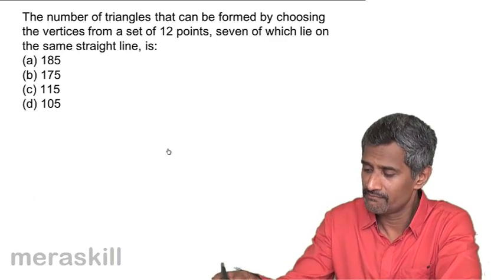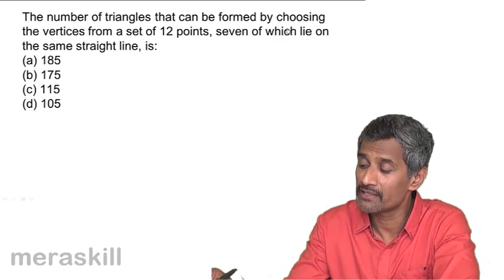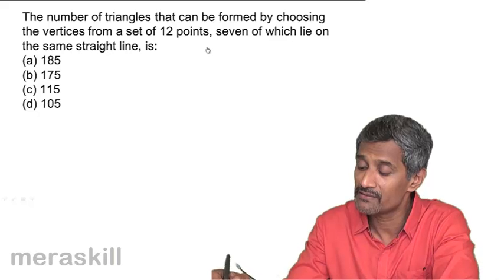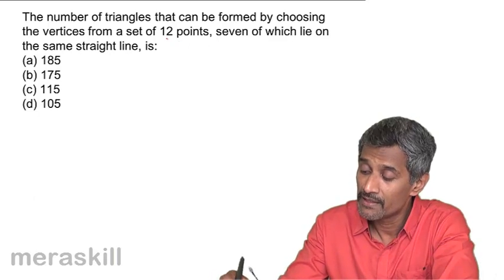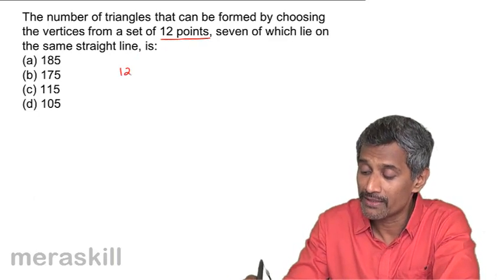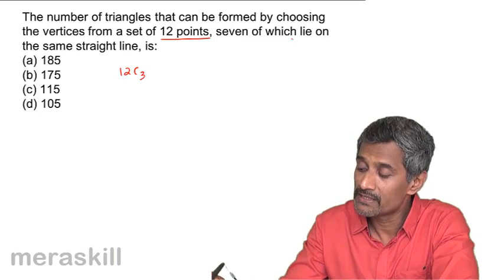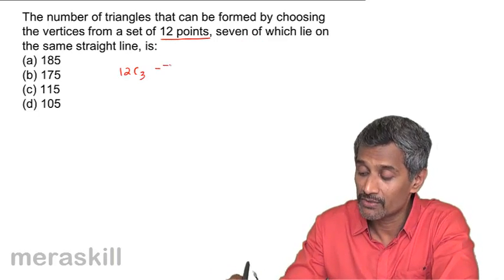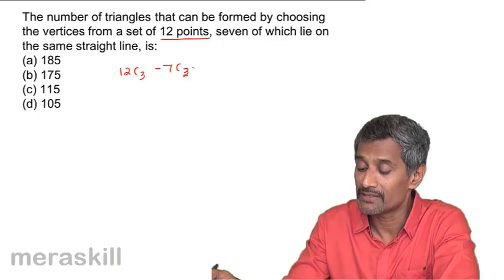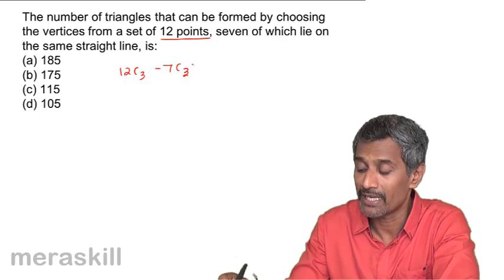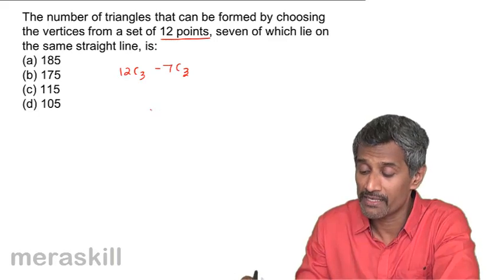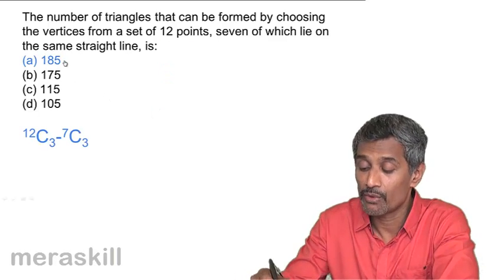Okay, quite similar to this: the number of triangles that can be formed by choosing vertices from a set of 12 points, so it's going to be 12c3, out of which 7 lie on the same straight line. So it's 12c3 minus 7c3. If you calculate this the same way, we get 185.